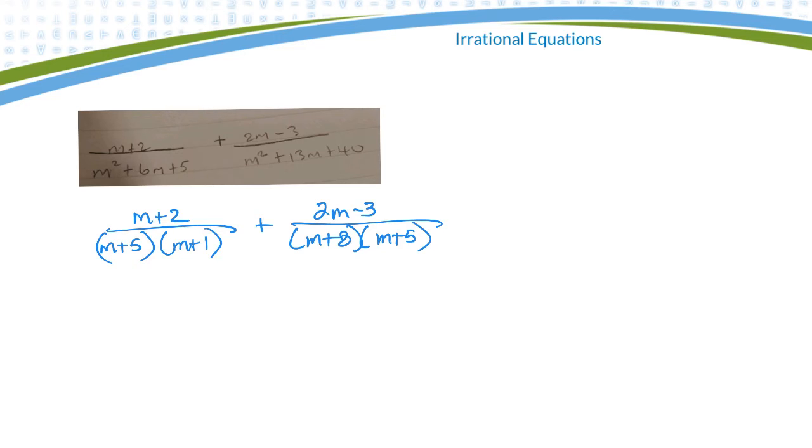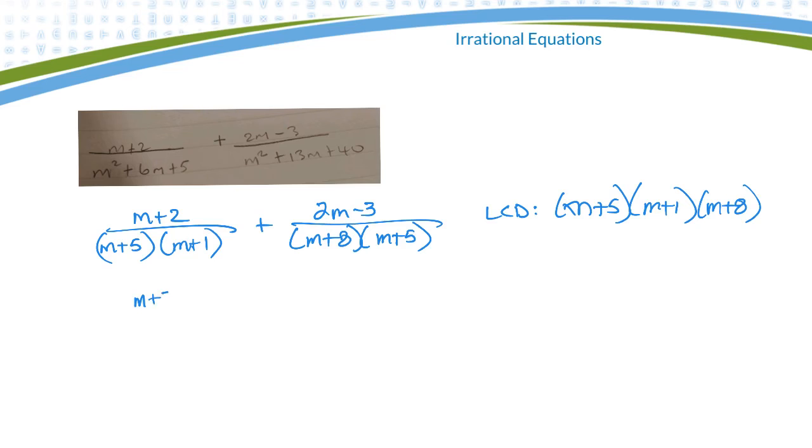Yeah, that's factored correctly. So my lowest common denominator, I need an m plus 5, an m plus 1, and an m plus 8. I think that covers all of them. Good. So the first one, let me write it out again.